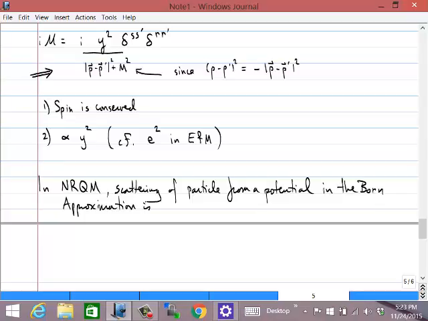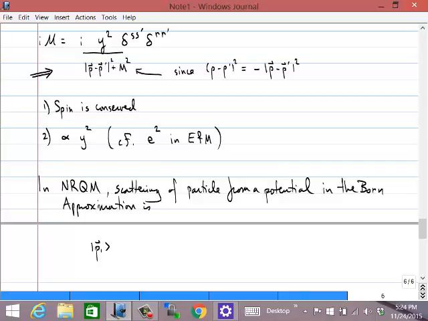And what is the Born approximation? That says that if you take an incoming particle with a momentum p1, and you throw it at some potential, so let's say that you have a hydrogen atom and you've got a proton that's sitting there with some electric charge, some Coulomb potential.